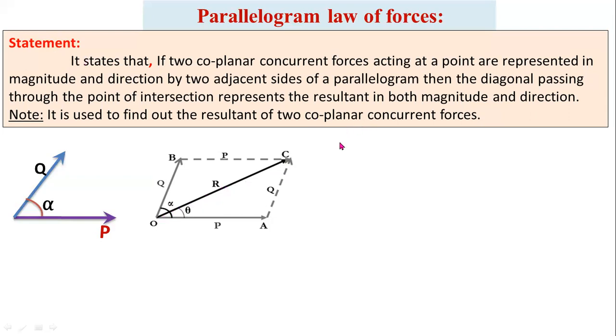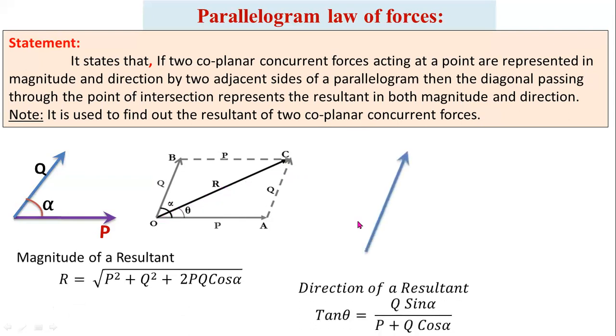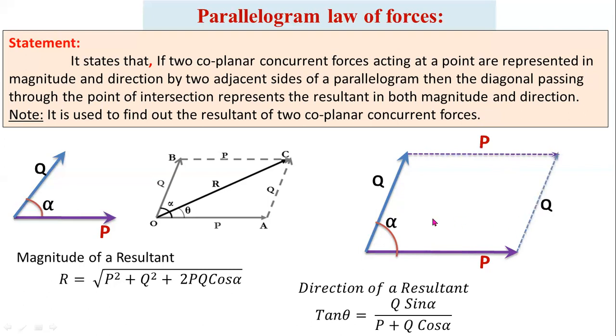From this statement, first, two coplanar concurrent forces. Coplanar means the line of action of all the forces lies in single plane and meet together. Two coplanar concurrent forces acting at a common point are represented in magnitude P and Q and direction by two adjacent sides, like this.